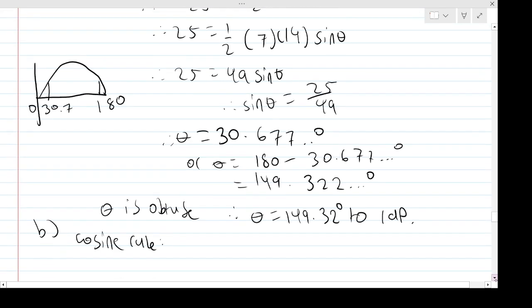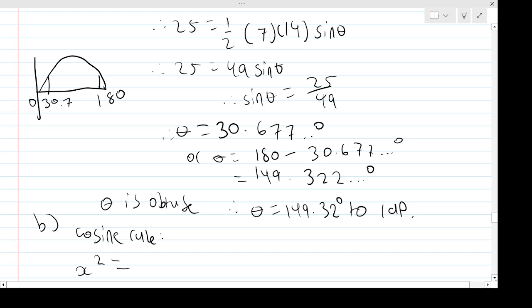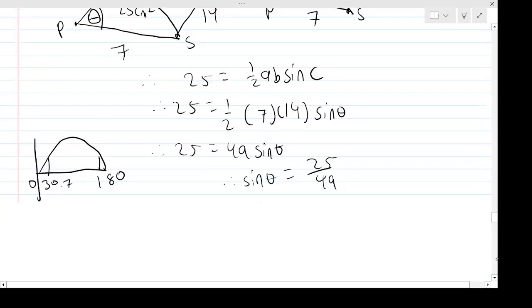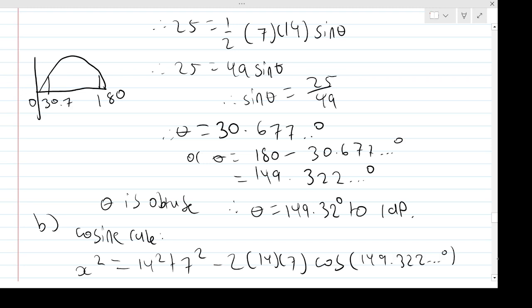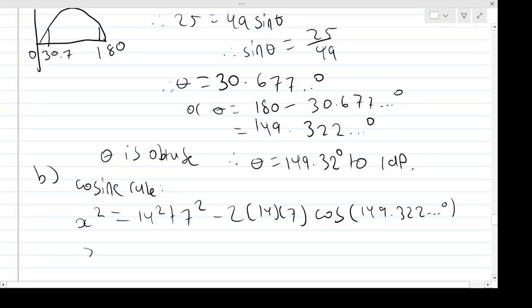x squared is going to be the other two sides all squared: 14 squared plus 7 squared, take away two lots of 14 times 7 times cosine of the angle 149.322. And so if I put all that in a calculator, I get x squared is 413.57 blah blah blah.